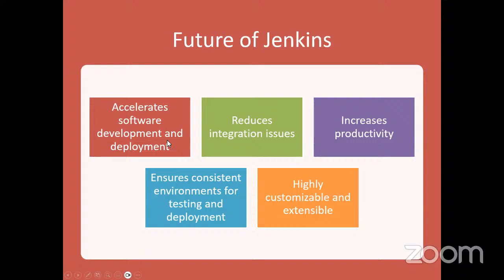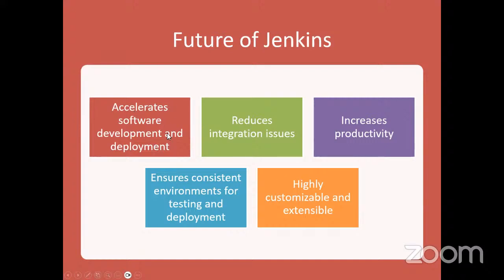So this is solving the problems of the developers as well as the operations team and the testing team. More manual testing is not required, automated testing will be done by Jenkins. The rest of the feature testing will be done by the QA team. This is solving the problems of three groups: developers, DevOps, and the QA team. So this will accelerate their software development.